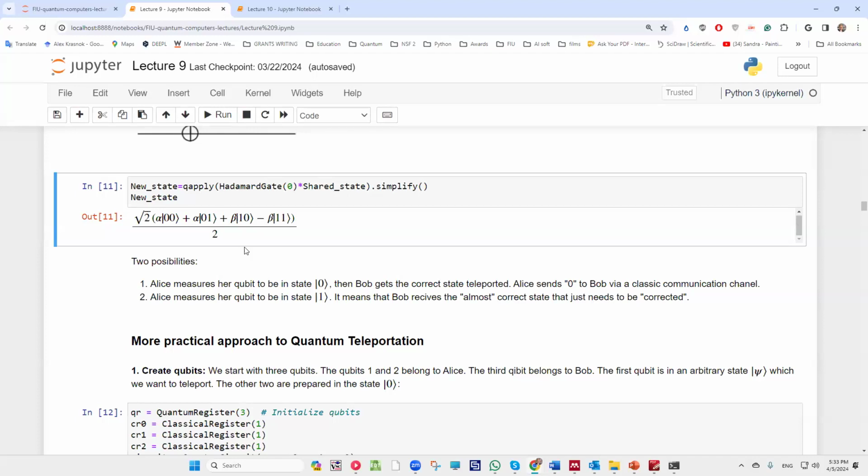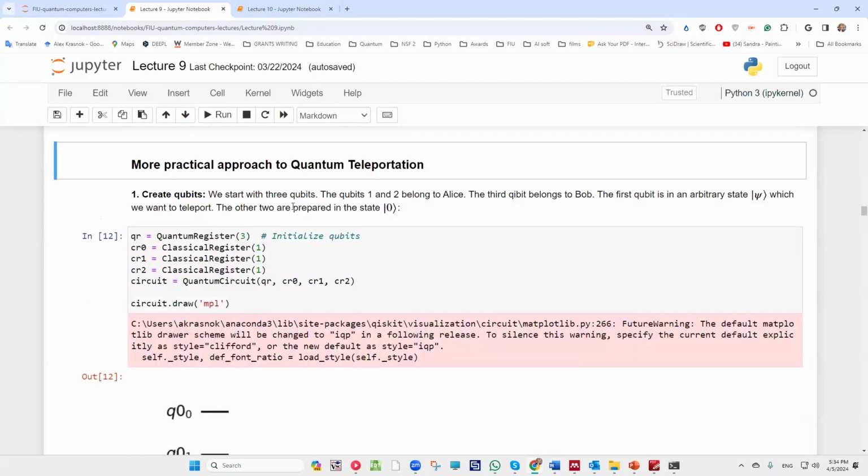So we cannot predict that, and in order to correct it, we need to send a signal through the classical communication channel. So you cannot send information faster than the speed of the classical communication channel using this approach.